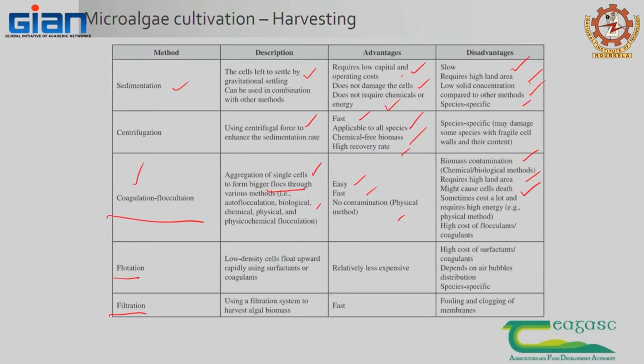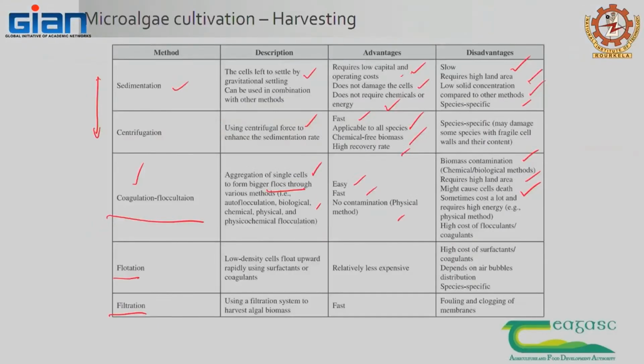I haven't gone into the details of it, but it's water, you have cells in it, and how you separate those cells from the water. In lab, when you are proving the point, what your microalgae is, what it can be grown for, what all it contains, you will restrict yourself only to centrifuge, because every lab contains a centrifuge.